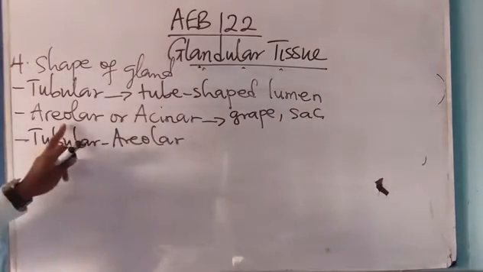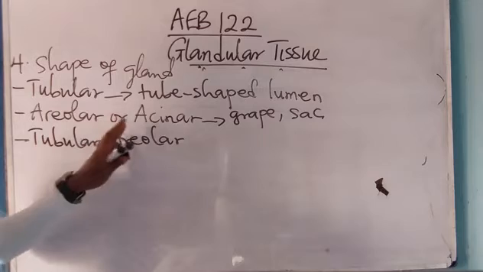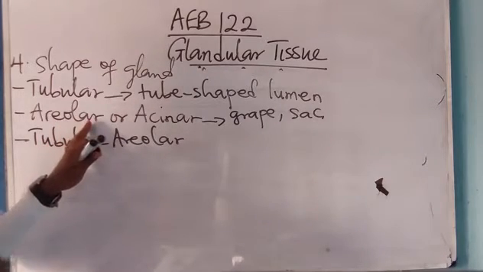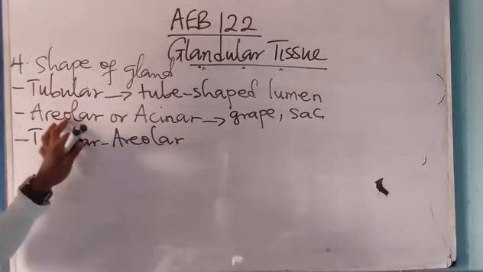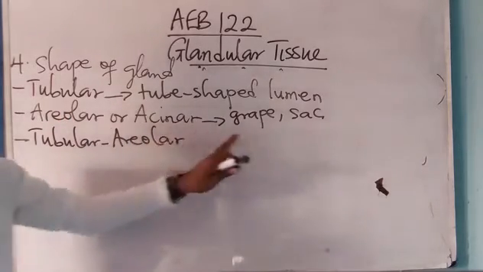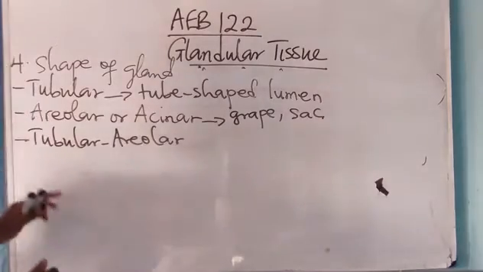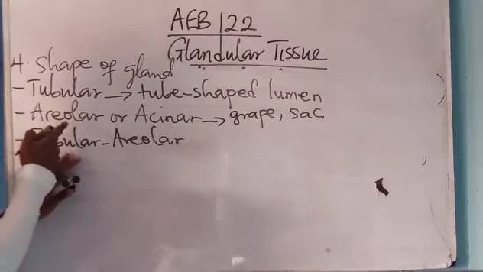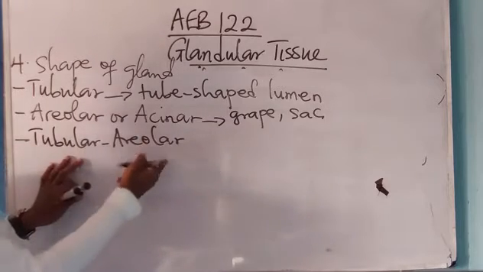These are alveoli. So the areola is grape shaped, and the acina is sac shaped. The one that possesses both the tubular and the areola feature is called tubular areola. So that is how it is.